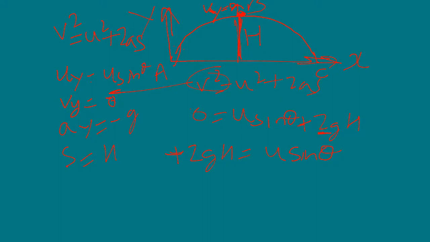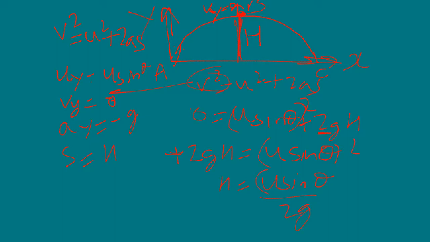Now h equals u sin theta whole square upon 2g. Since we have taken this as u square, we will square this also and this also.